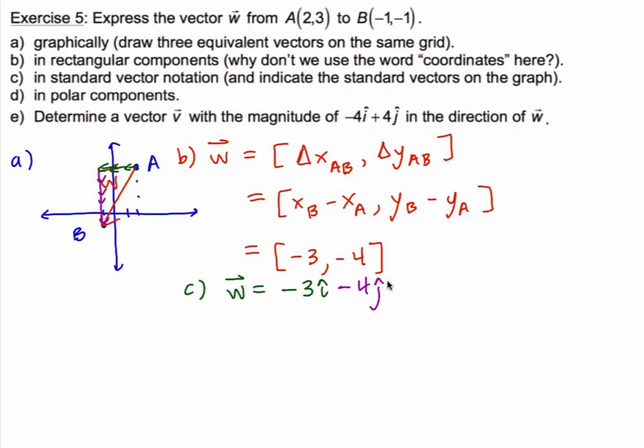And then we want to convert to polar components. So we want to come up with the magnitude r, which I can call w without any vector bar notation. And we should recognize now the 3, 4, 5 triangle. The Pythagorean theorem is going to give us 5. We also have to come up with the reference angle, and keeping in mind that this vector AB or vector w, if we made the initial point the new origin, then the vector has an angle in quadrant 3.